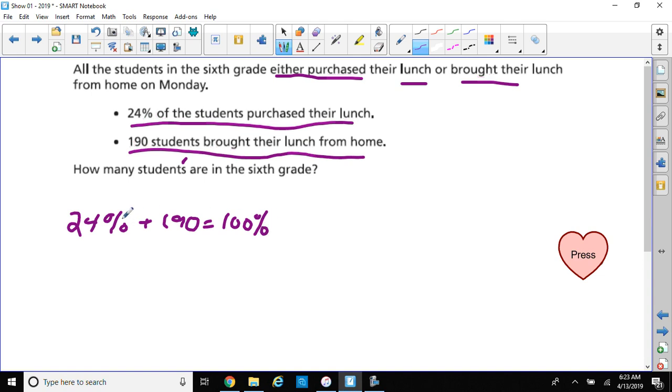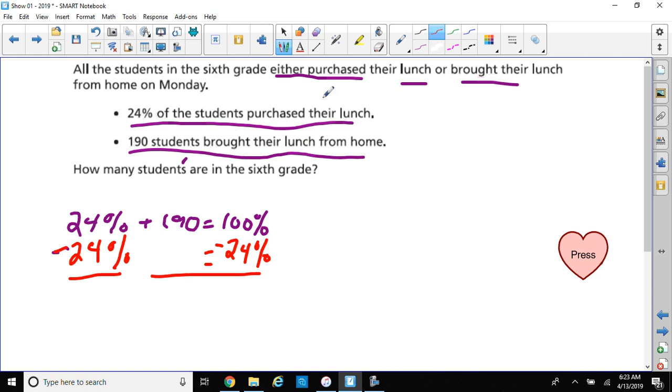Now here's the dilemma. I have a percent, I have a whole number, and it's supposed to be equal to another percent. Well, I cannot have that. So what I'm going to do is get rid of this percent. Let me get a different color. I'm going to subtract 24% from both sides. That way I'll have percents together, and I'll be left with just the number on the other side.